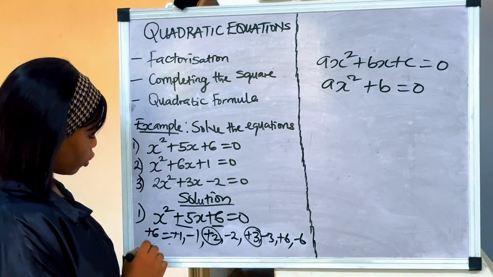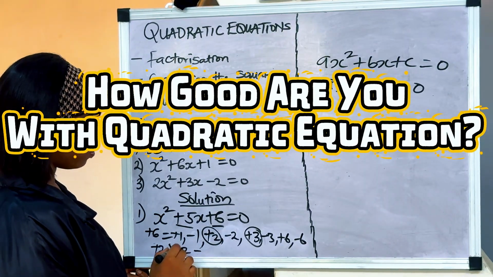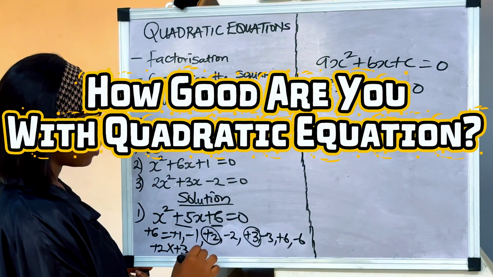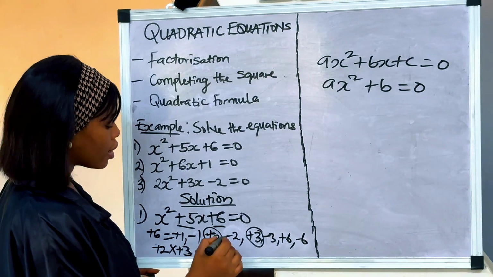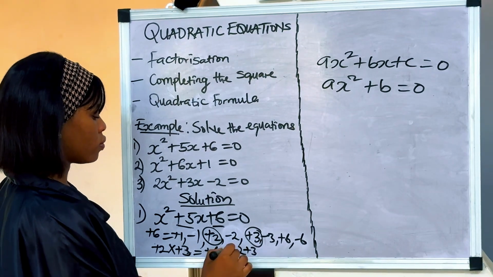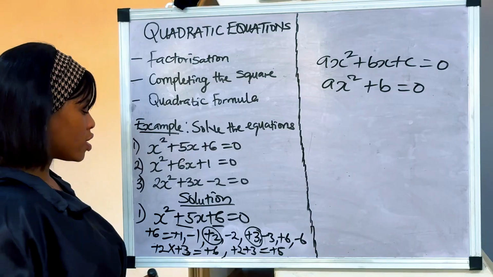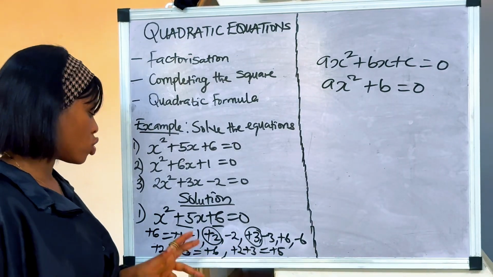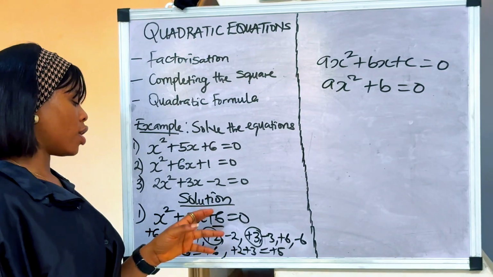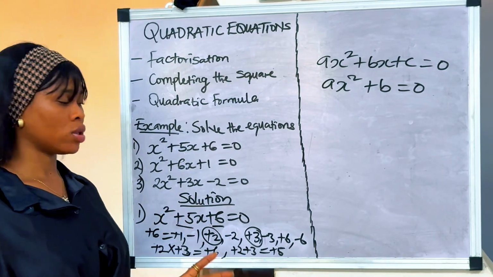Because plus 2 times plus 3 gives us plus 6, and plus 2 plus 3 gives us plus 5. So you can see that these are the two factors of plus 6 that when multiplied together give us plus 6, and when added to each other give plus 5.